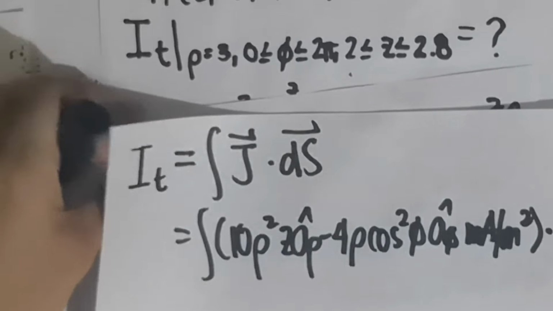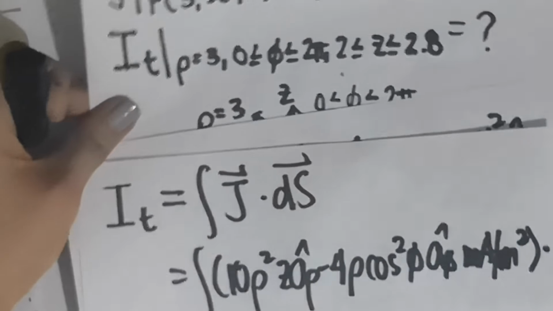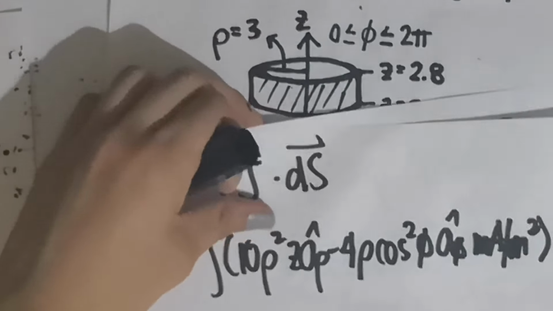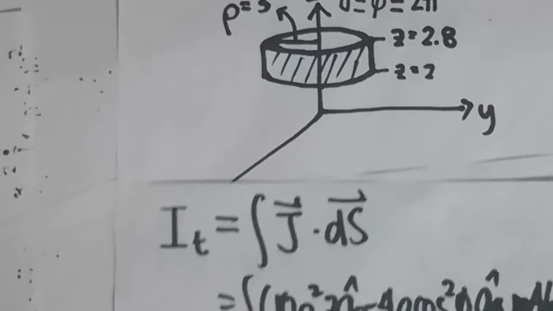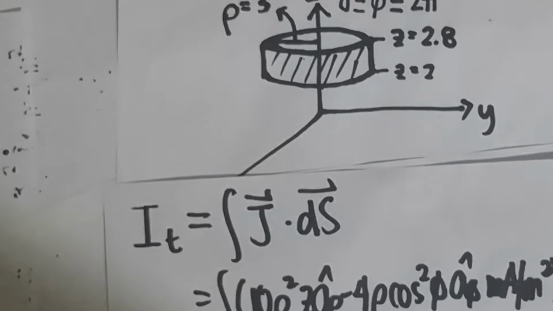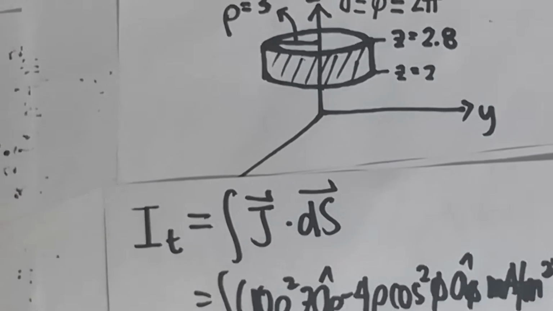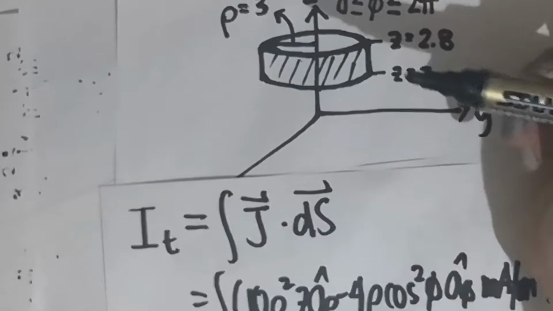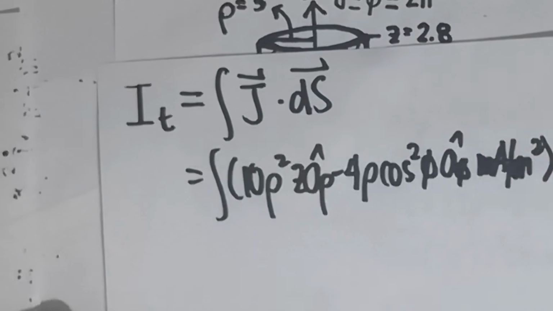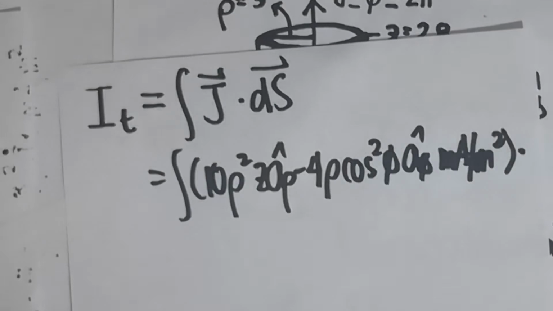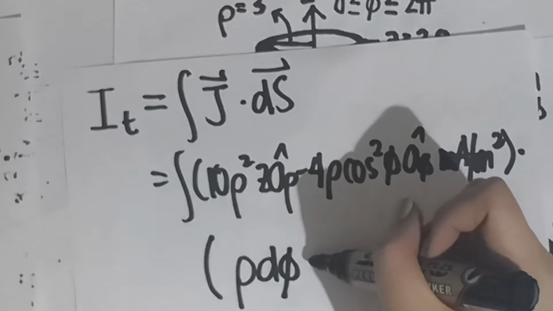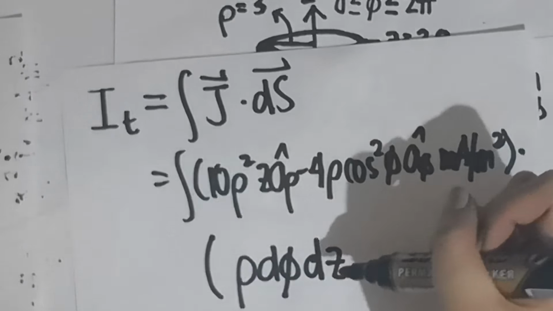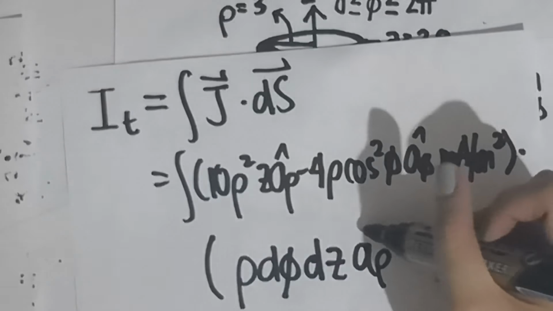So what will be the ds for this region? Since rho is constant and this is the region that we have to consider, the differential surface would be rho d phi dz with a unit vector a rho.